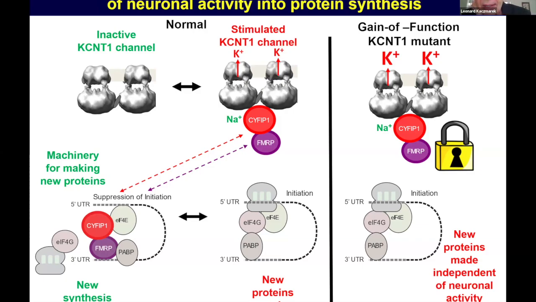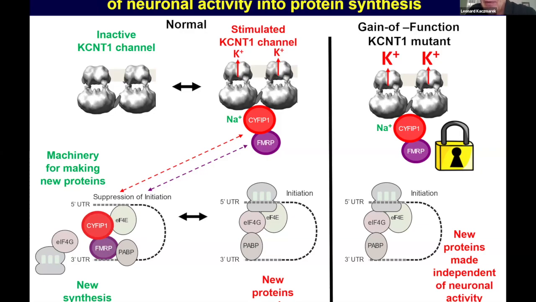We don't yet know the full extent of proteins that are stimulated, but we know actin is one of them, and sodium channels, particularly NAV1.6. The synthesis of sodium channels is very much stimulated when you activate the SLACK channels. We think it's a regulatory mechanism for ensuring that potassium channel and sodium channel expression levels are balanced.